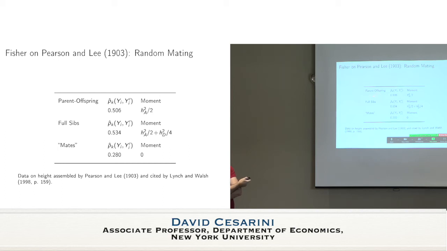What I'm giving are the averages. They looked at the parent-offspring pairs separately: mother-daughter, mother-son, father-daughter, father-son, and they found that these are statistically indistinguishable. Why is that?